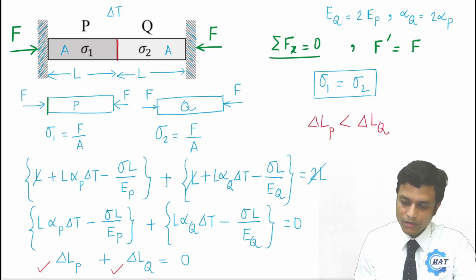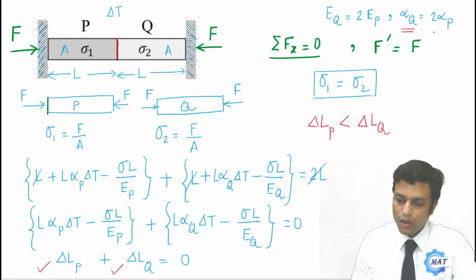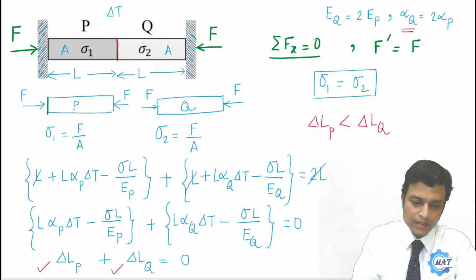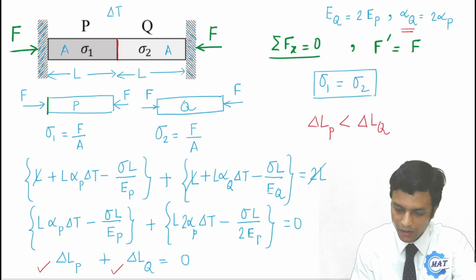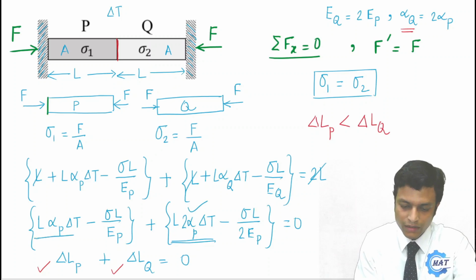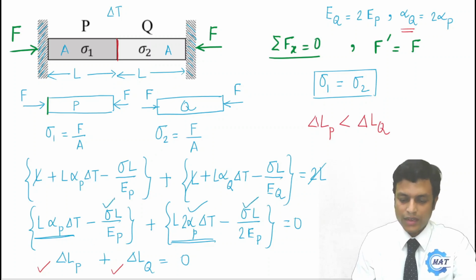Why? Because alpha Q is 2 alpha P. So if we replace alpha Q by 2 alpha P, and EQ by 2 EP, the positive term here is more than this, and this negative term is less than compared to this negative term.